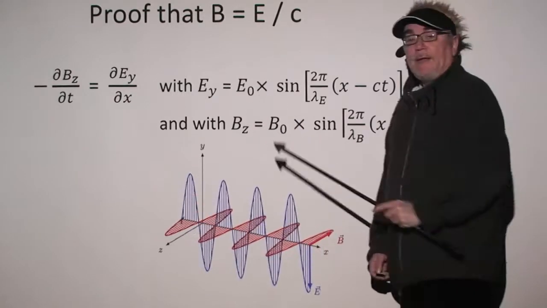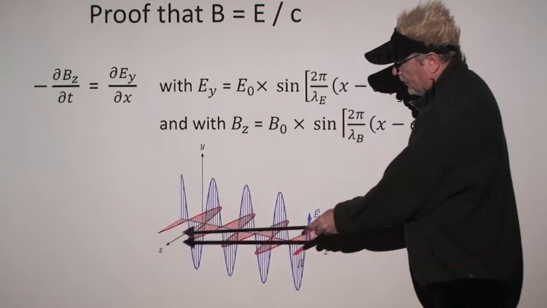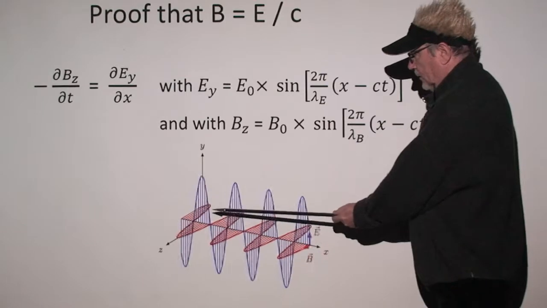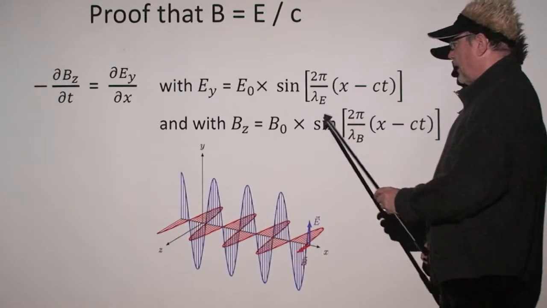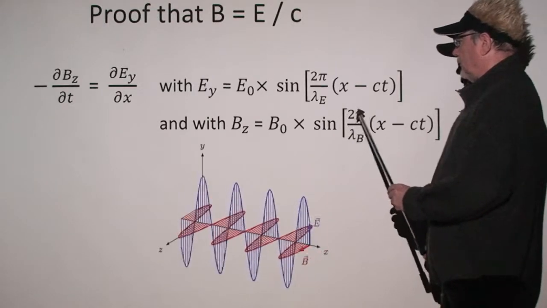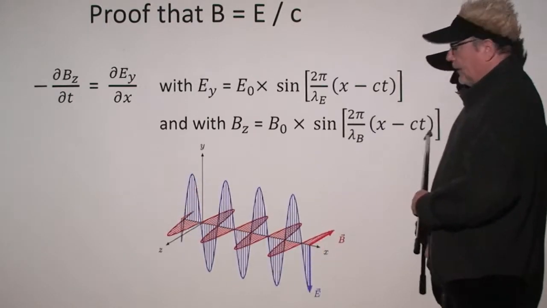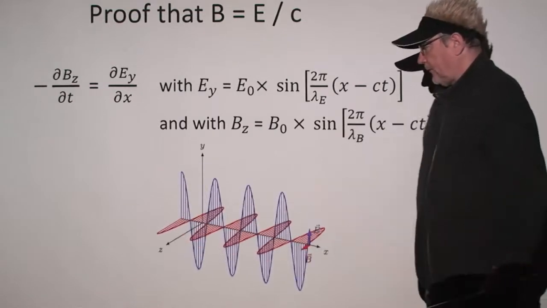Same thing with Bz: here in red, B naught is the amplitude multiplied by the sine wave with a period of 2 pi over lambda b, also moving on the x-axis.